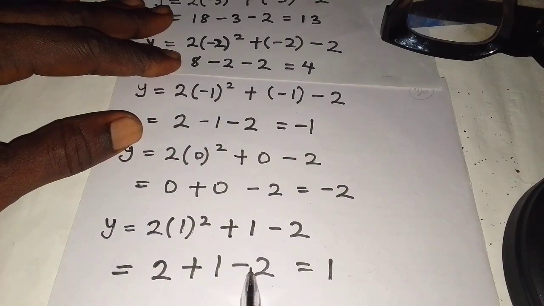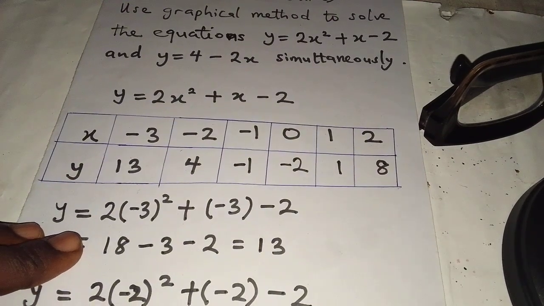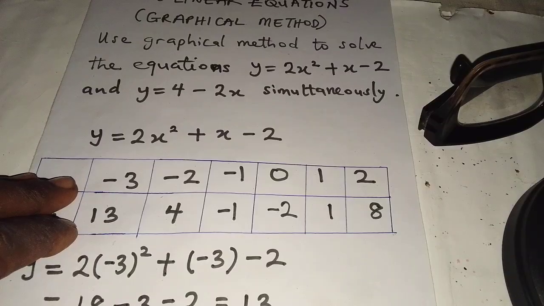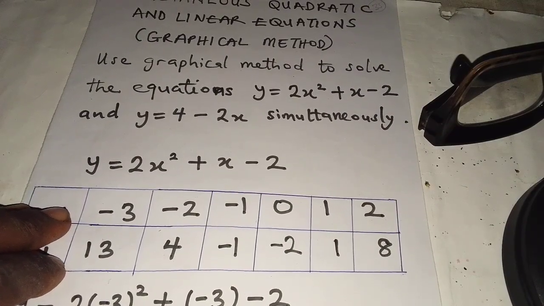Then plus 1 is 3. 3 minus 2 gives us 1. Also when x is 2, we do it likewise, and it will give you 8. So now this is the table of values for the quadratic equation.